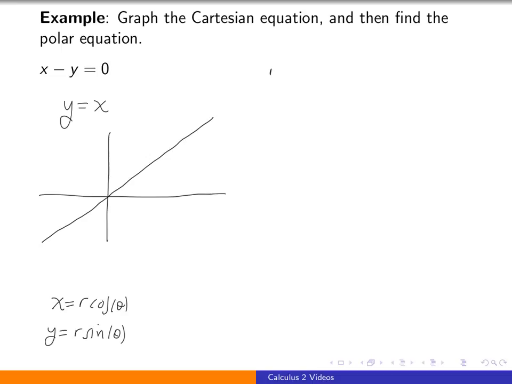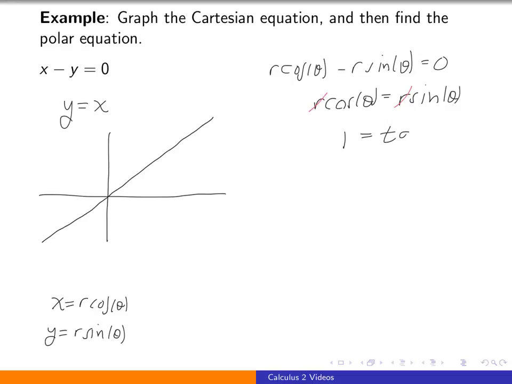So we have r cosine theta minus r sine theta equals 0, so r cosine theta equals r sine theta. If we divide the r's off from both sides and divide by cosine, we are left with 1 equals tangent of theta.